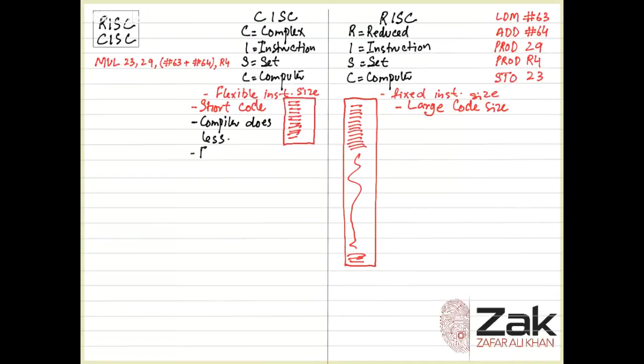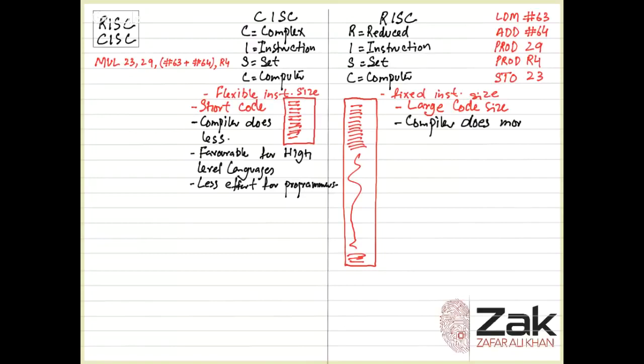Over here, it is favorable for high level languages because you have to write less, and there is less effort for programmers. But if it is reduced instruction set code, the compiler does more because it has more instructions to deal with.